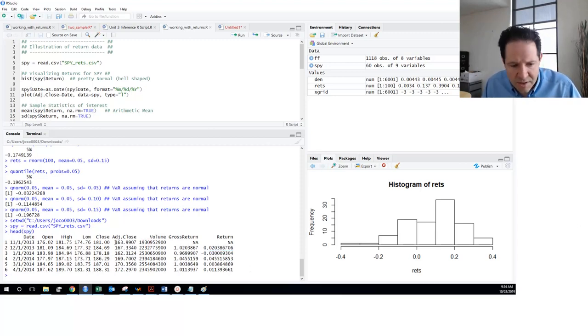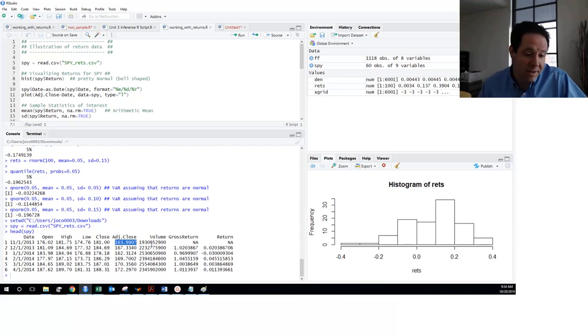We take the adjusted close because it might not actually be the close. The close and the adjusted close differ slightly because the adjusted close accounts for splits, and in this case, the S&P 500 index fund doesn't split, but it does have dividends that are paid out to the investors.